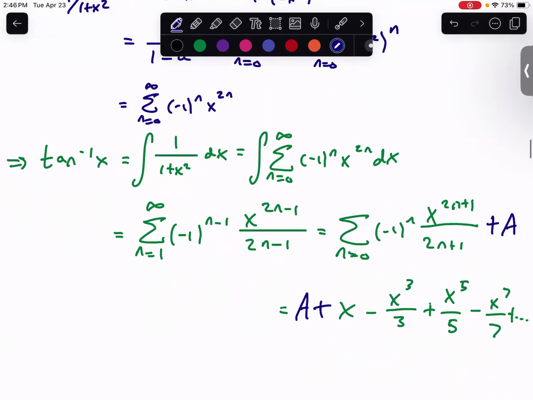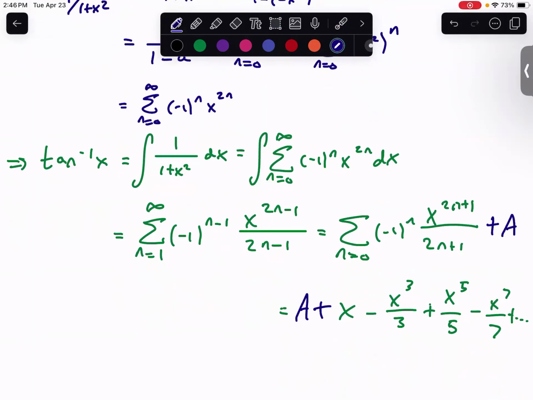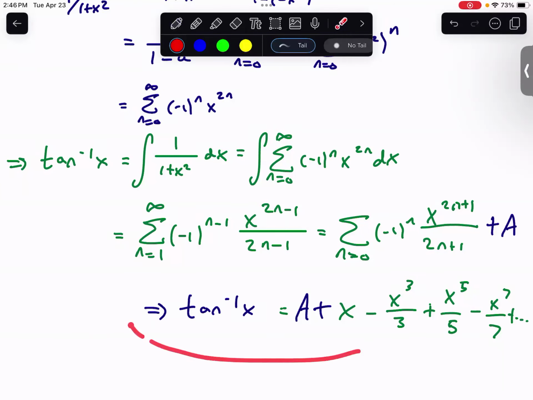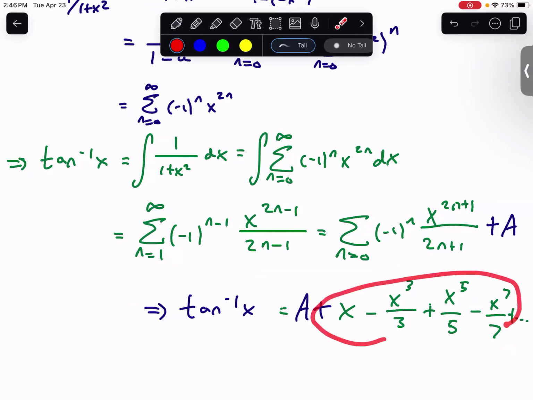Okay, but to determine this constant, what we found out is we have inverse tangent of x is equal to this series right here. And then the key observation is if we let x be equal to 0 in this series, everything is going to go to 0 except for this a.